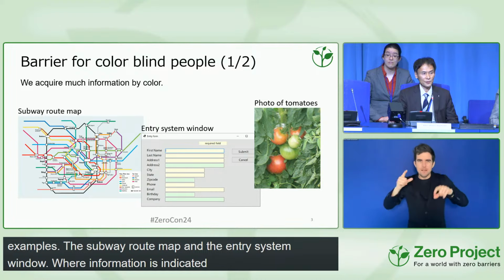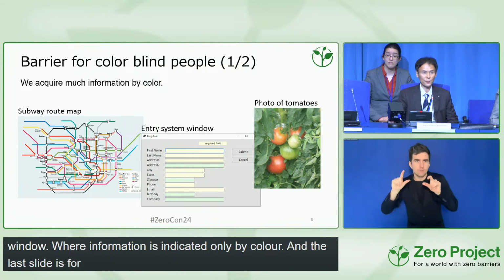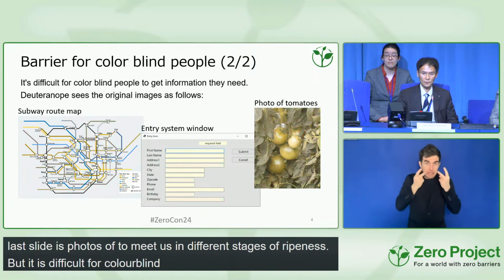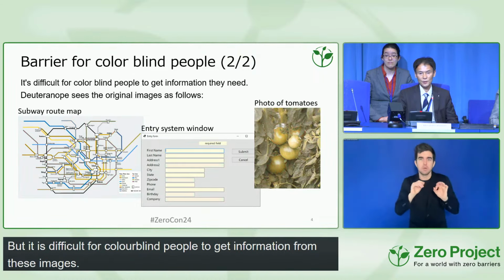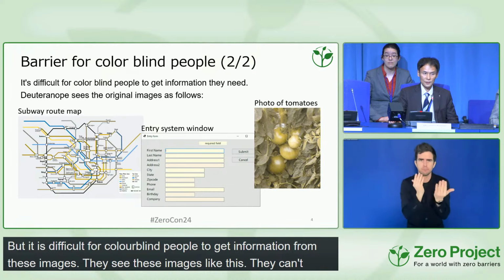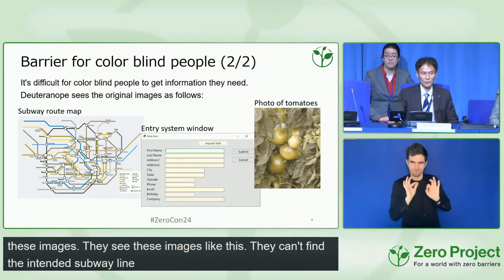But it is difficult for colorblind people to get necessary information from these images. They see these images as follows. They can't find the intended subway line and required field and can't know the ripe tomatoes.